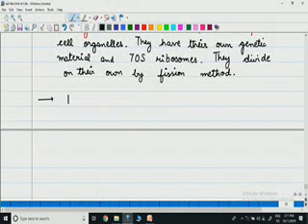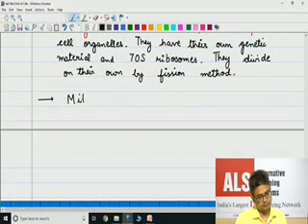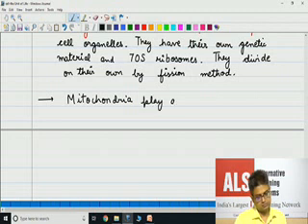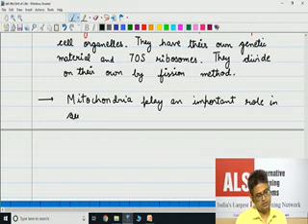Mitochondria play an important role in aerobic respiration.